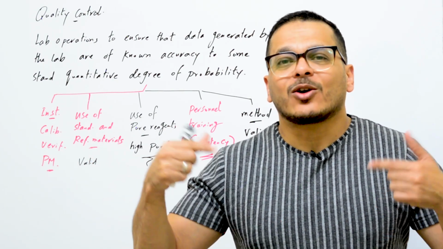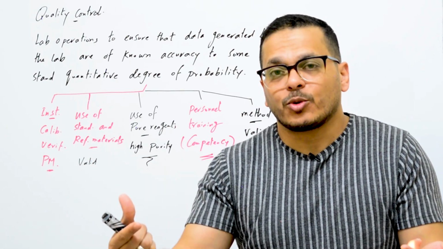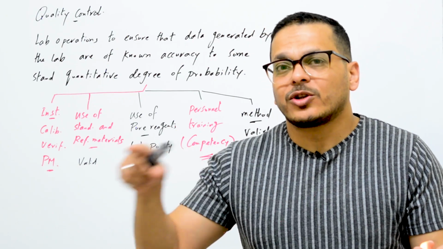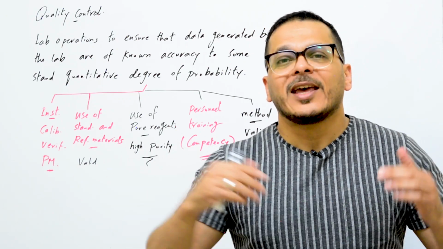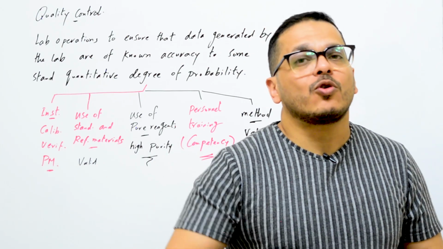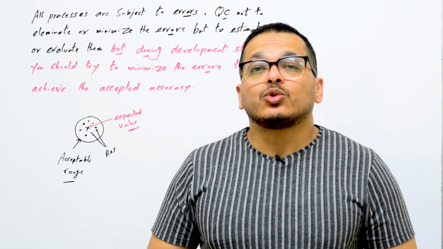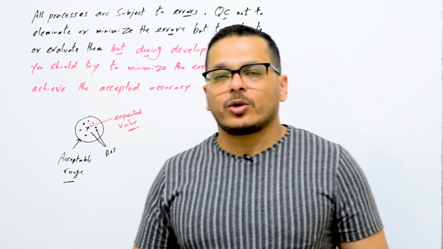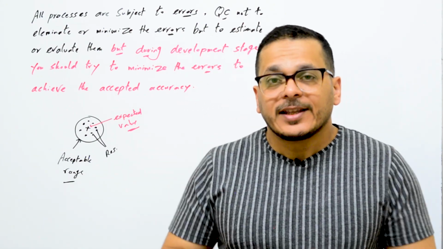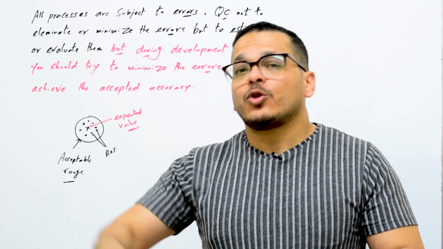Then you need to have the quality control program or procedures that will ensure the performance of both of them every run or over a long time scale. And very important, you should know that quality control is not to eliminate or minimize the errors. This job is in the development stage.